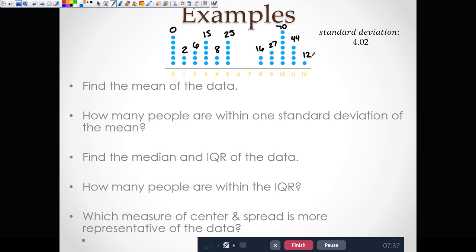Okay, then we can just add up those numbers. So it's not as much work as adding up each individual number to find the mean. So I got 225, and there's a total of 40 numbers. So what would my mean be?